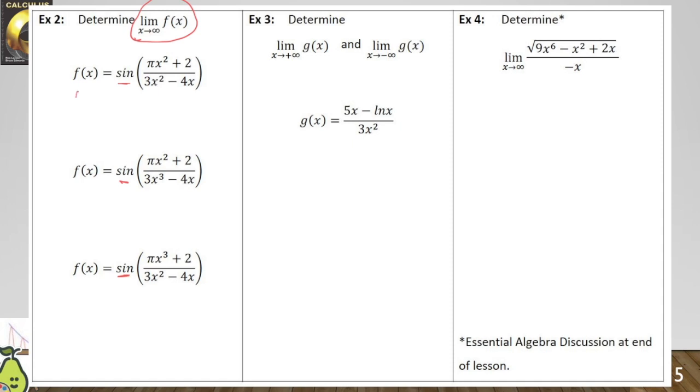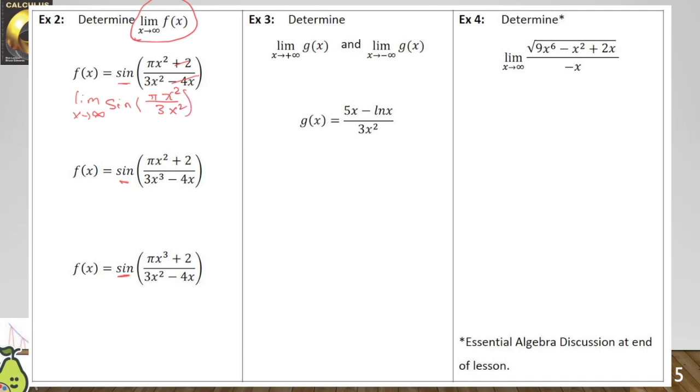If I look at the limit as x goes to infinity for this function, we can actually drop our lower order terms within the angle. And when we do that, the 2 cancels and the negative 4x cancels. We're left with pi x squared over 3x squared.